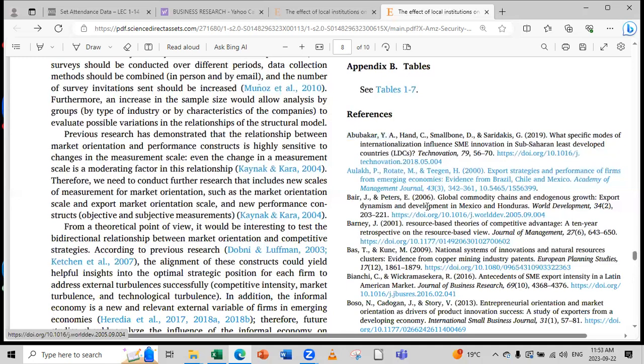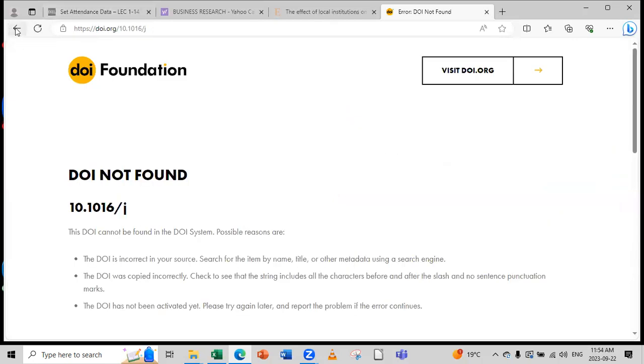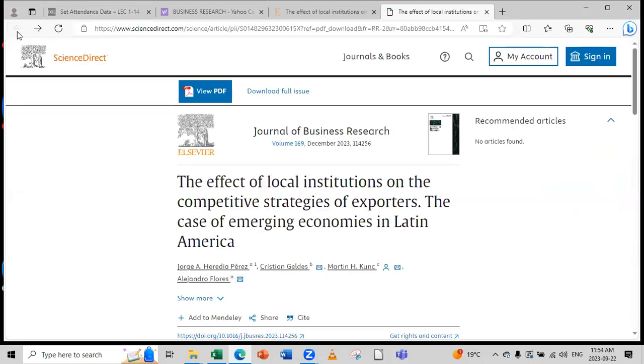How do we write the reference? Usually we start with writing the author name, then the title. So the author name here, sorry about that. Let's go back to it.